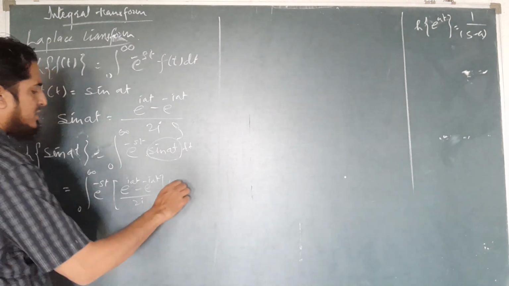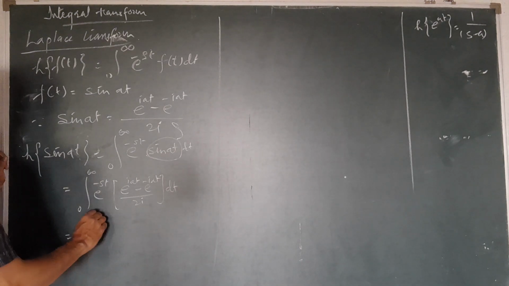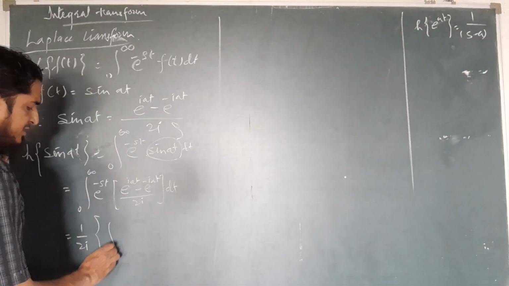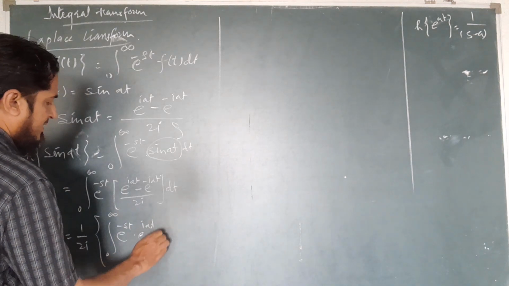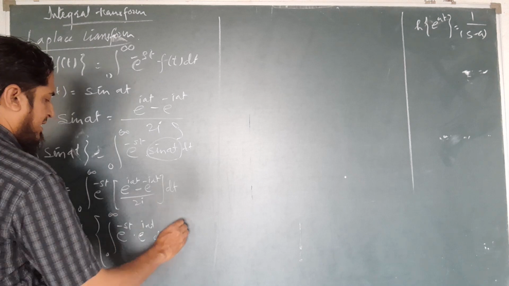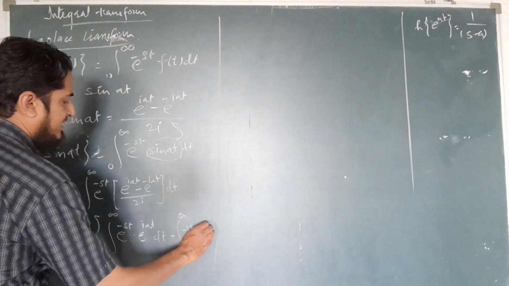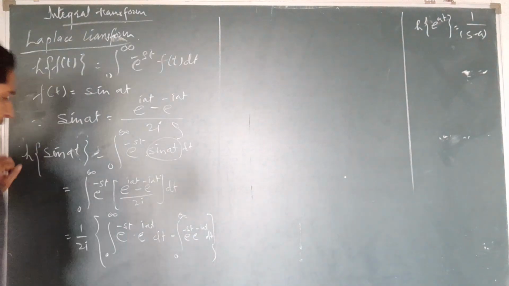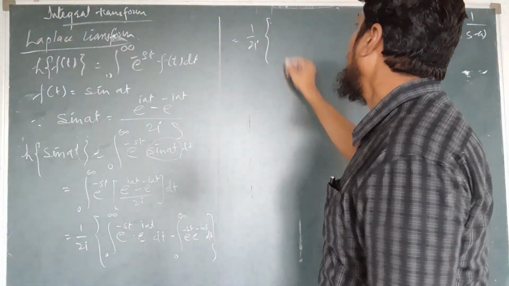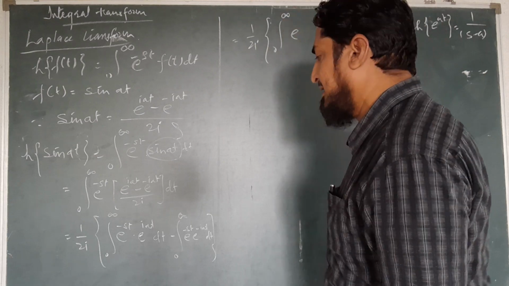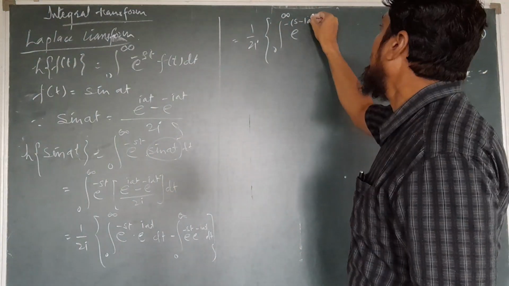Since 2i is constant, we can take it outside of the integral, and we can separate this into the integration from 0 to infinity of e raised to minus st e raised to iat dt minus the integration from 0 to infinity of e raised to minus st e raised to minus iat dt. Correct?